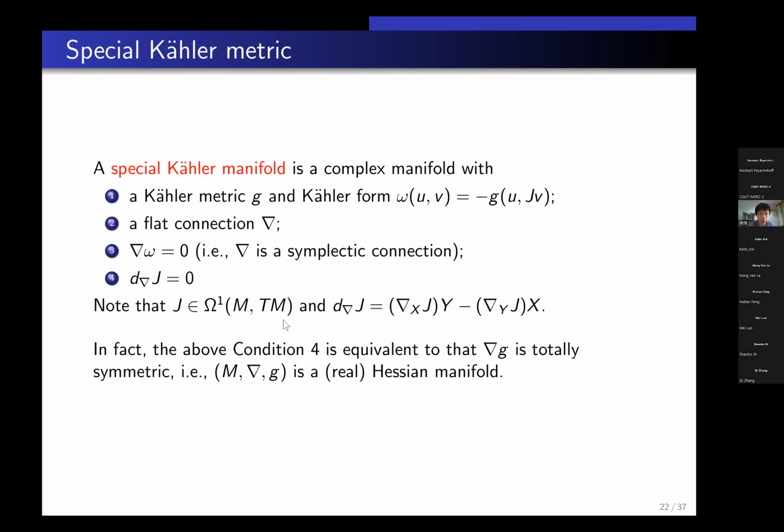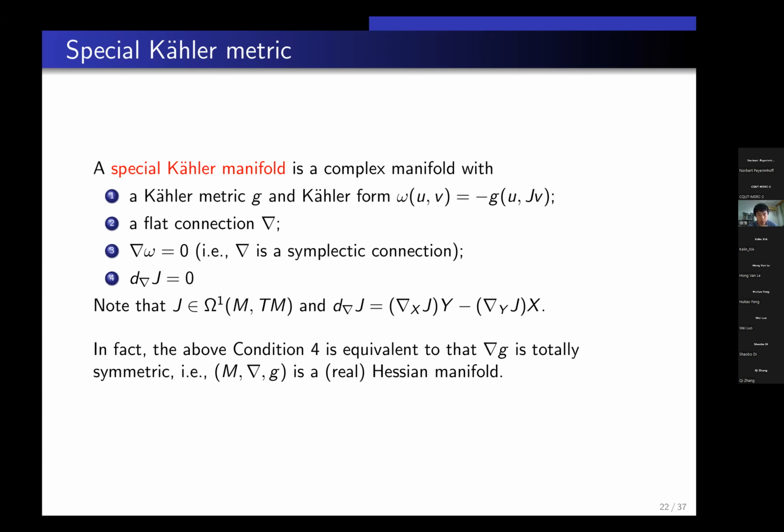So a special Kahler manifold has a Kahler metric and a Kahler form, and also a flat connection. This flat connection is parallel with the complex structure, also this exterior derivative on the complex form is equal to 0, and in fact, this nabla G is totally symmetric.